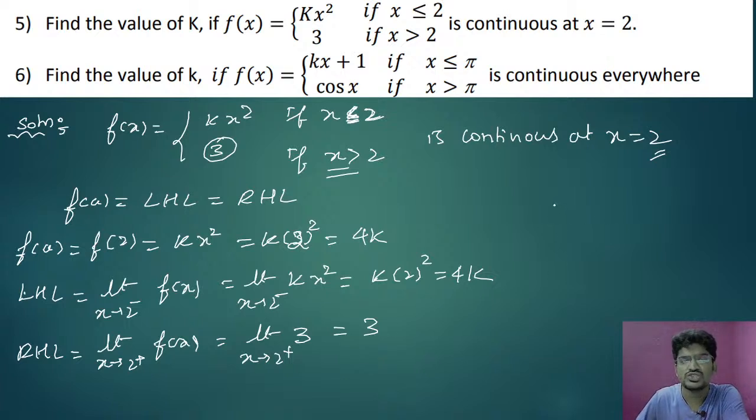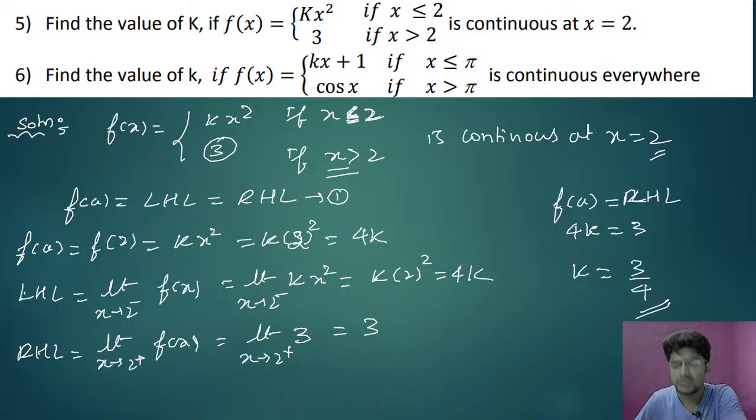Now I can use f of a is equal to LHL, because I have this equation 1. So from equation 1, I can take this 4k equal to RHL. RHL is 3. So k will be equal to 3 by 4.